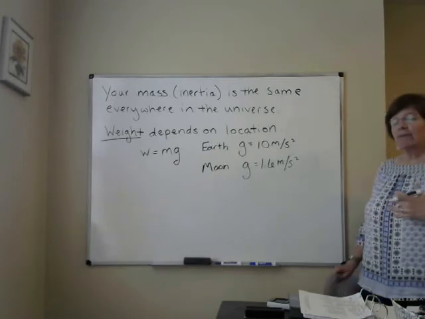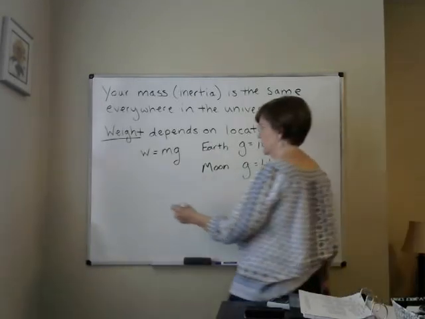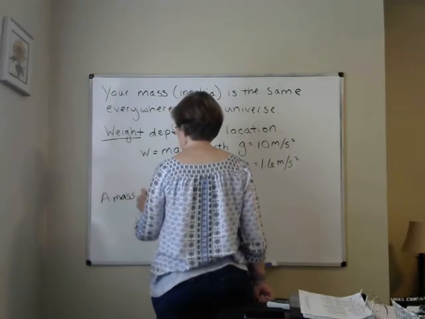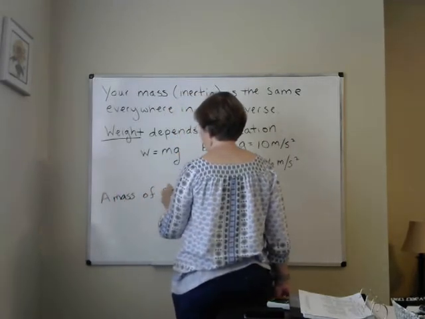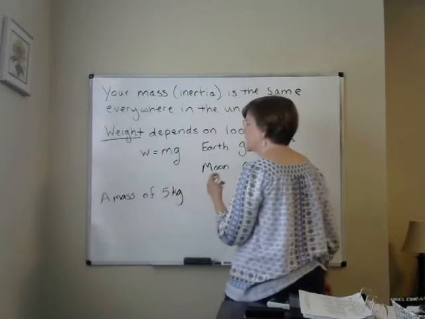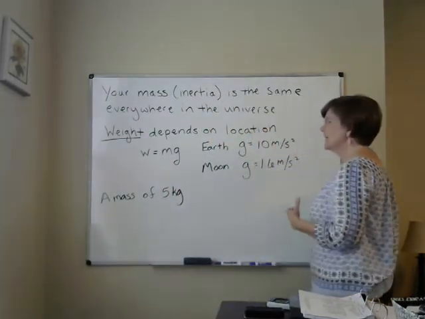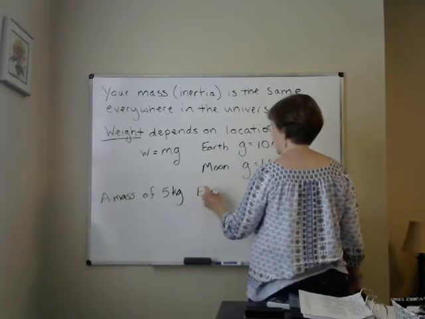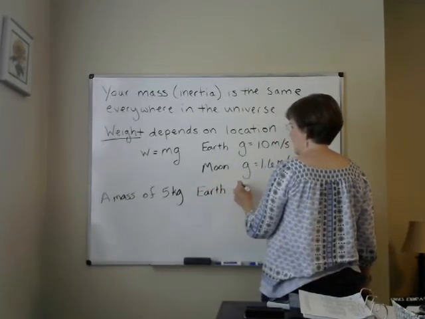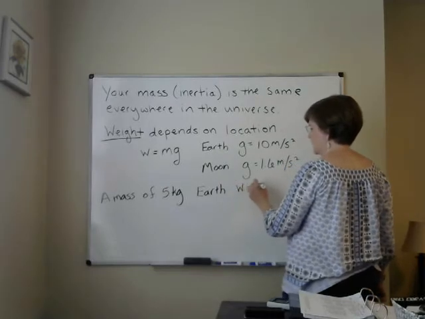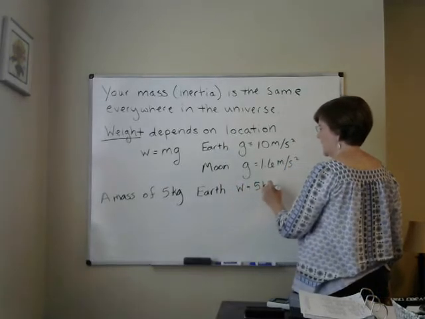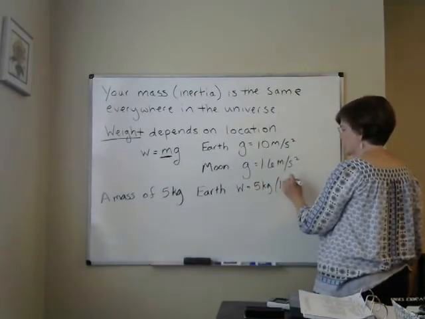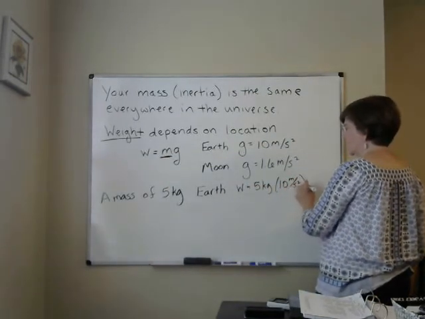So, if I have a mass of 5 kilograms, and I want to know what it weighs, that will depend on where it is. If it's on Earth, I'm going to say that its weight is 5 kilograms, that's its mass, times 10 meters per second squared, that's g.